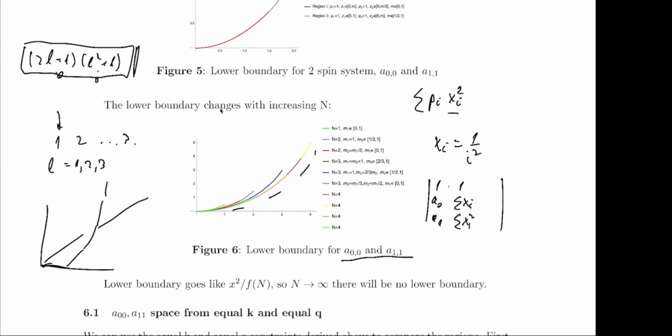Okay, sorry, doesn't this sound like you're saying that you basically have everything you need? No, because I know how to write the constraints for equal k and equal q.